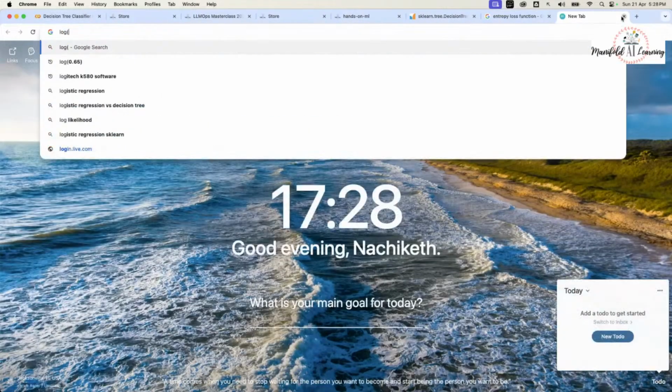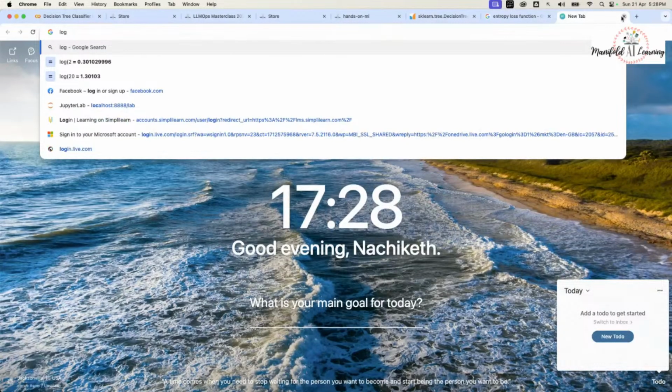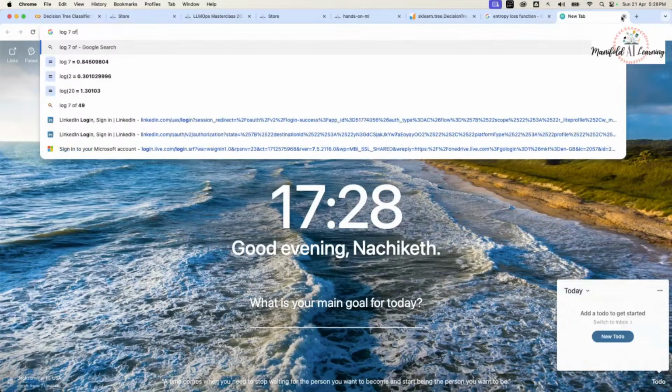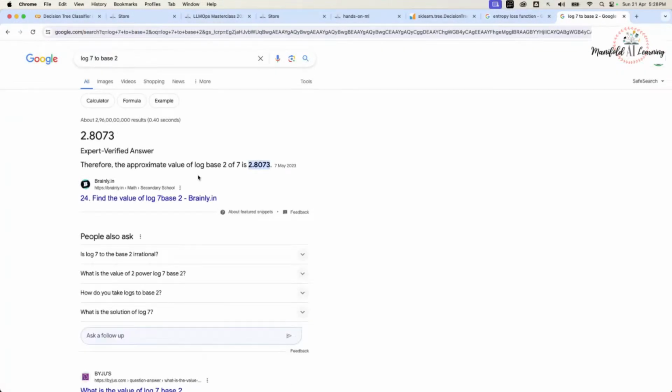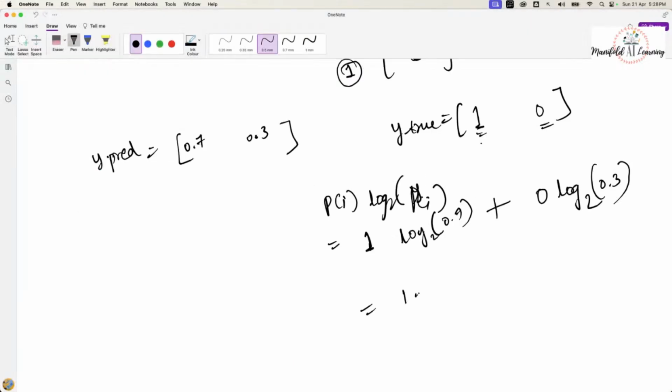Log base 2 of 7 is 2.80, that is what we would get. So 1 times 2.80 plus 0.